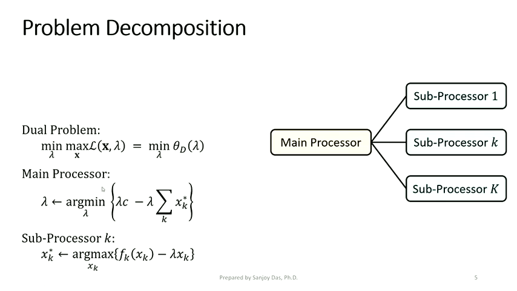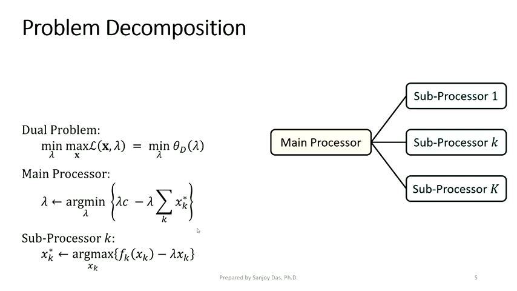And so the main processor will try to minimize this with respect to lambda. And lambda in general will be a function of the xk stars, so it's not that simple a problem. And then each of the subprocessors k will try to maximize these.